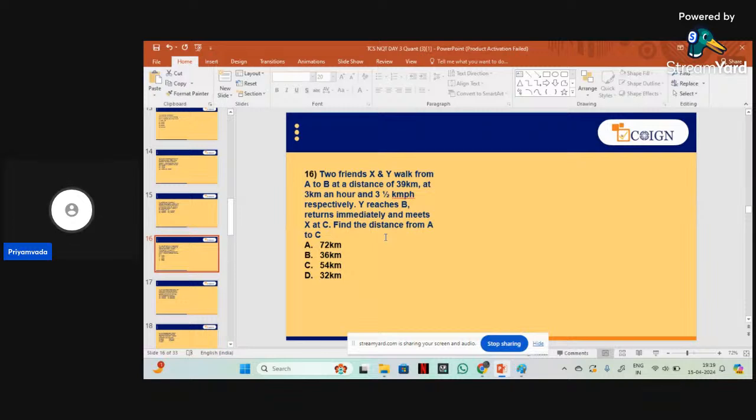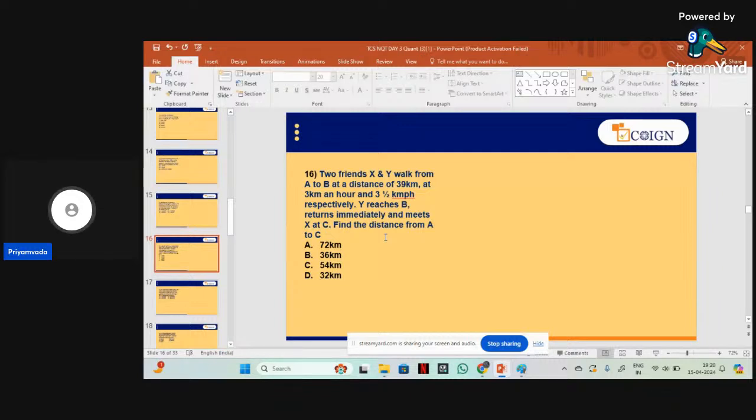Coming to the next question: two friends X and Y walk from A to B at a distance of 39 kilometers. They are walking from A to B at 3 kilometers an hour and 3.5 kilometers an hour respectively.